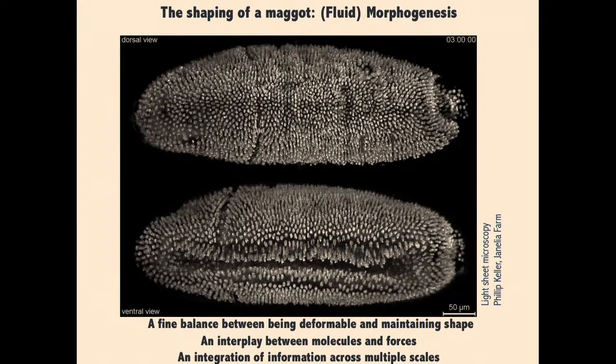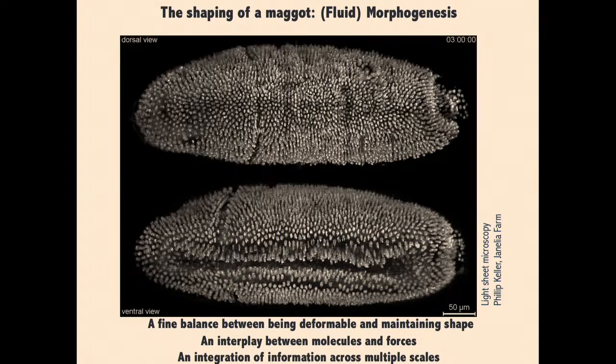So what I'm going to do today is take you through some features of how you shape a maggot, a fly maggot, with some key morphogenetic events that my lab focuses on.